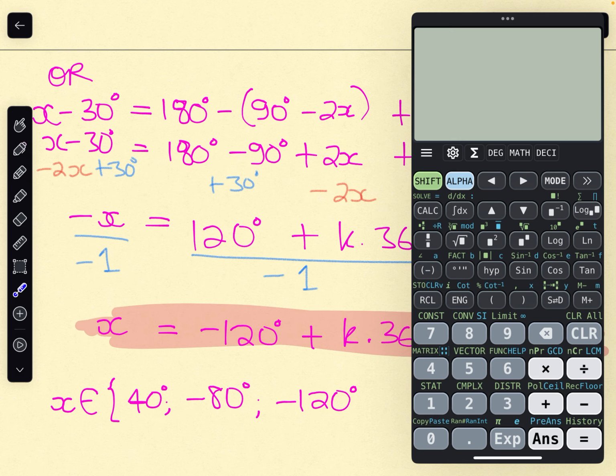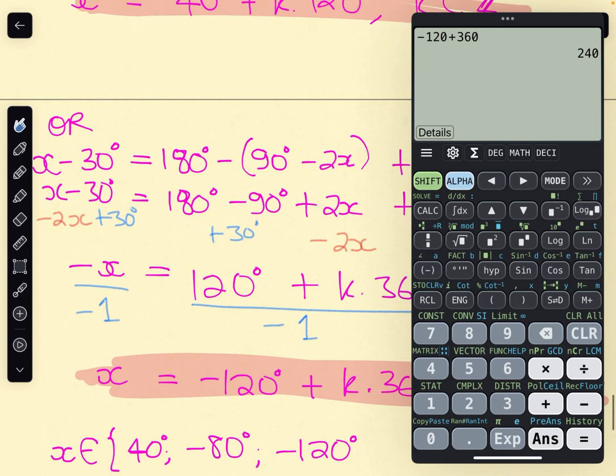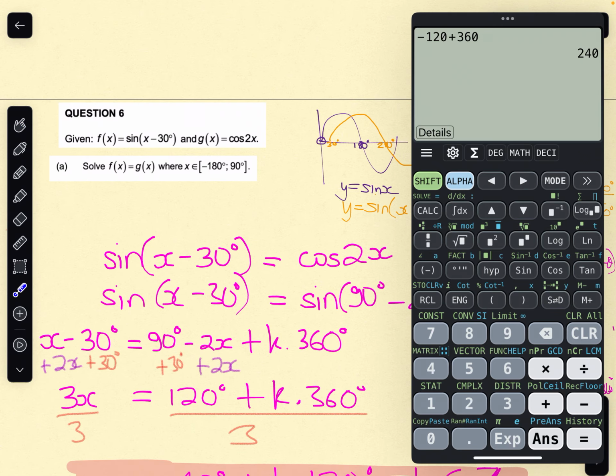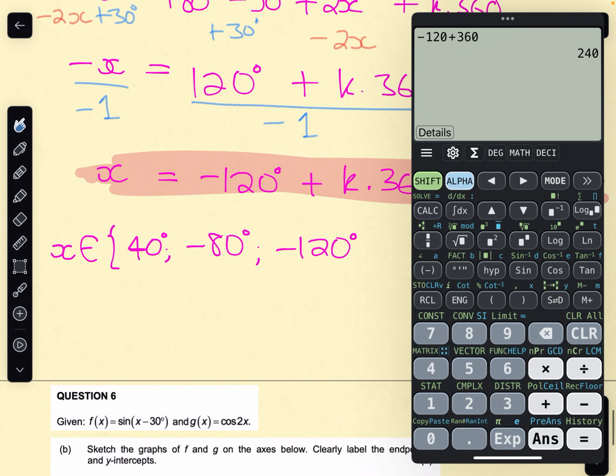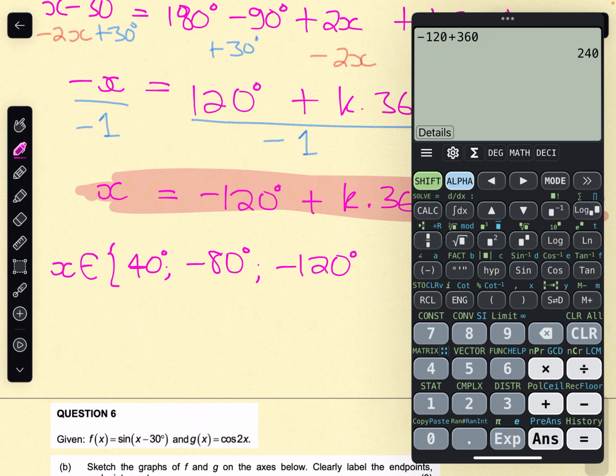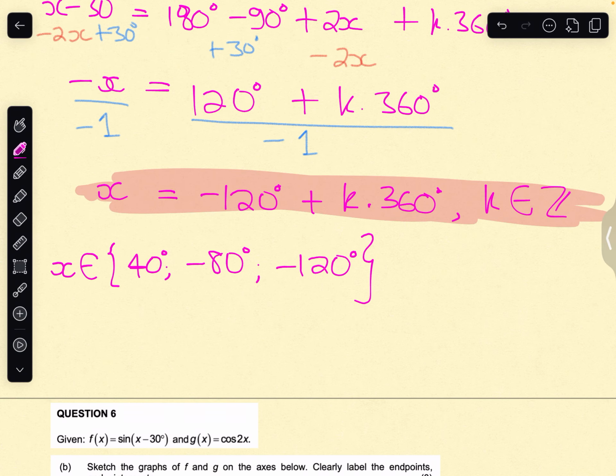If I try to minus a revolution, so negative 120 minus 360, that is way too low, so that doesn't work. And if I try to add a revolution, that goes to 240, which is too high. Remember, our upper bound is 90, lower bound is minus 180. So this is also all that this solution can give to us.